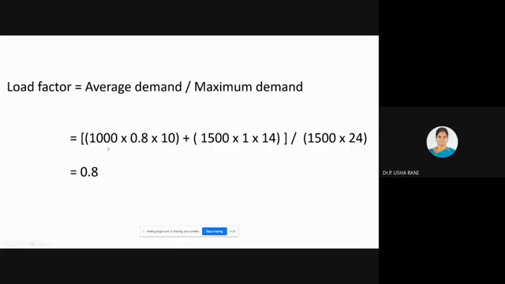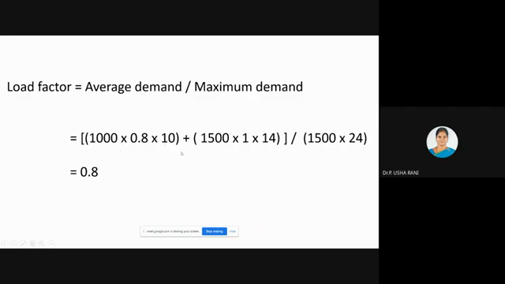So first load they have given 1000 kilowatt at 0.8 power factor, then 10 hours. So you multiply this and add it with another load of 1500 kilowatt at unity power factor 1, then for the duration of 14 hours. So you multiply this and add with the previous one.